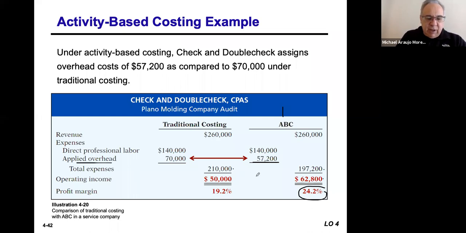So it's important to note that when you use ABC, you're going to see differences in the overhead amount from traditional costing, giving a more accurate understanding of the costs of overhead.